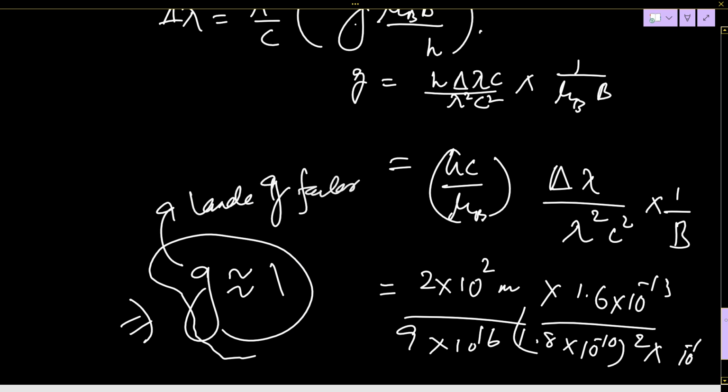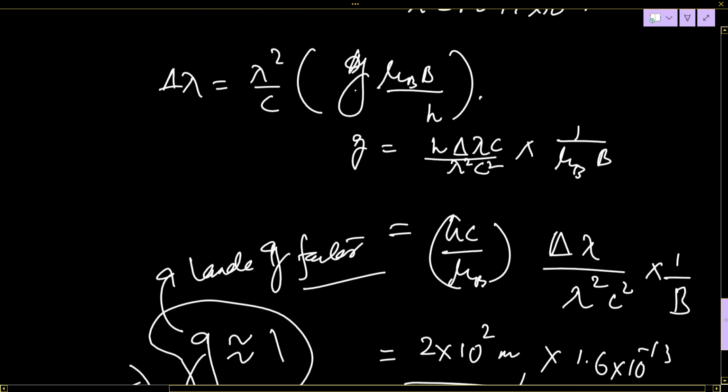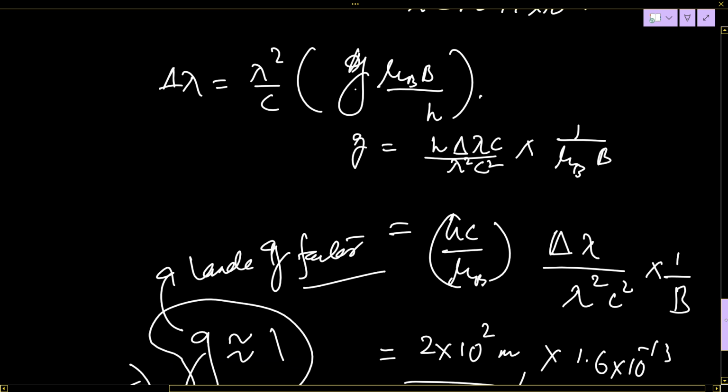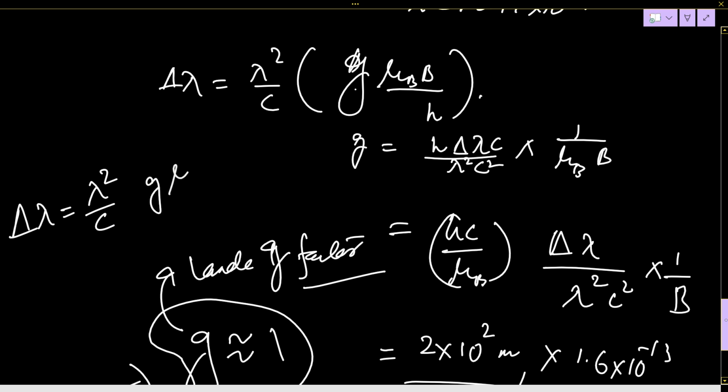Okay, formula based question, nothing much, right? Del lambda is equal to lambda square by c. Again, I will write the formula: del lambda is lambda square by c g mu b B by h. Okay, how do you get it? Energy we know.